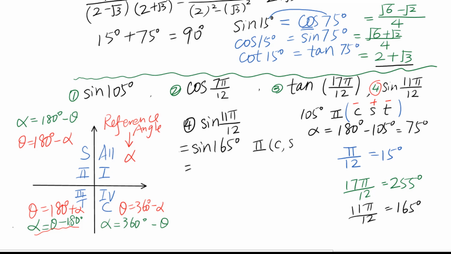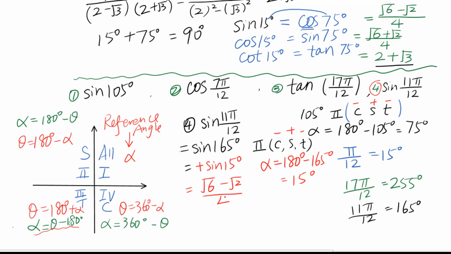So say ASTC. Sine is a positive, cosine and tangent are negative. We know the reference angle equals 180 degree minus 165 degree equals 15 degree. So you will get positive sine 15 degree. You will get square root of 6 minus square root of 2 over 4.